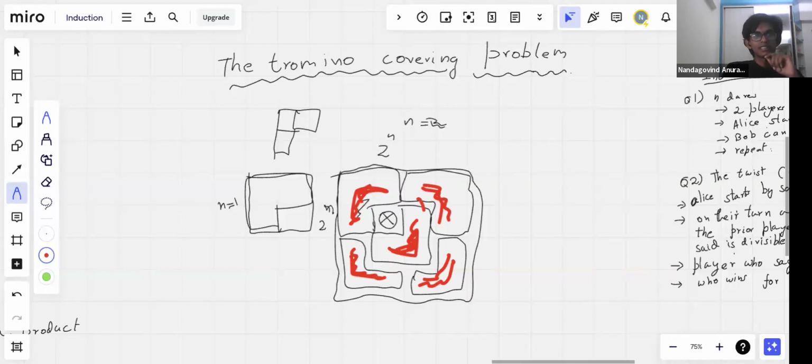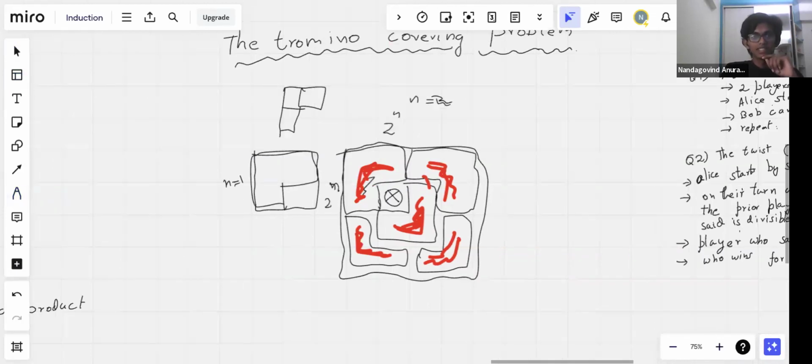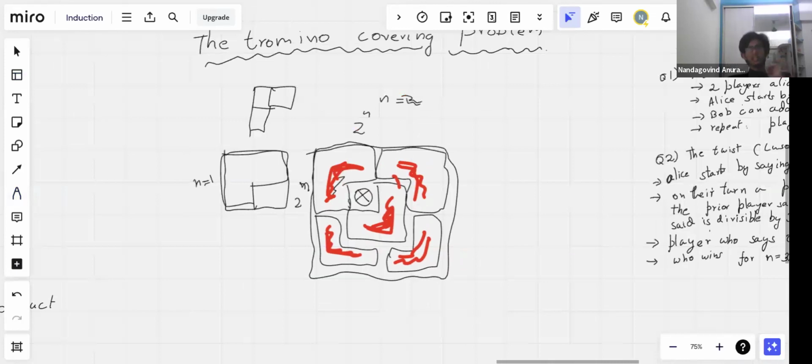I've not seen the problem. Yeah, but I just liked this one. It's a nice induction question. How many of you have already done this problem before? Because if lots of people have done the problem before, then I don't want to spend too much time.